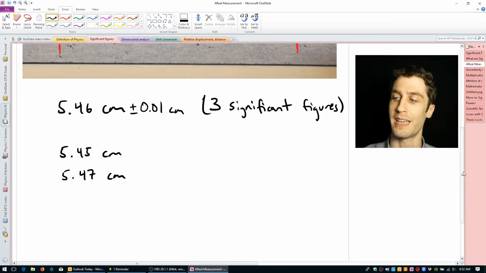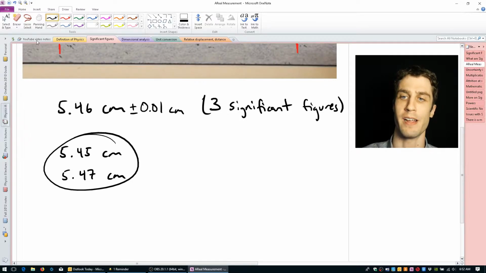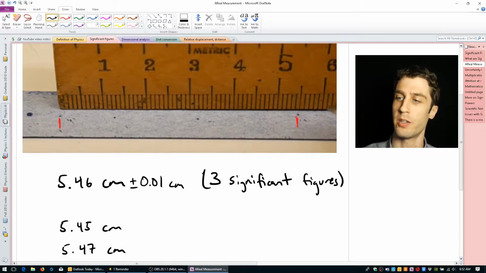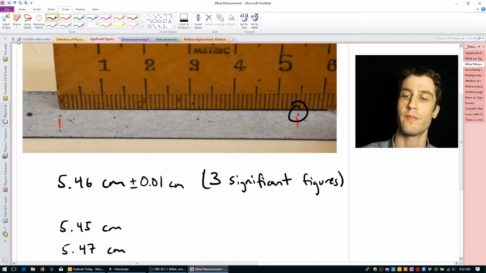We're looking for something that's in a tight range here. Okay. So I think if you look at this measurement, you could believe that based on where this dot shows up, it's somewhere between 5.45 and 5.47 centimeters.